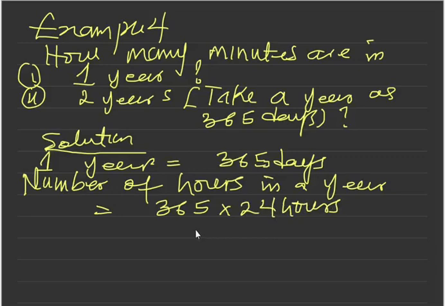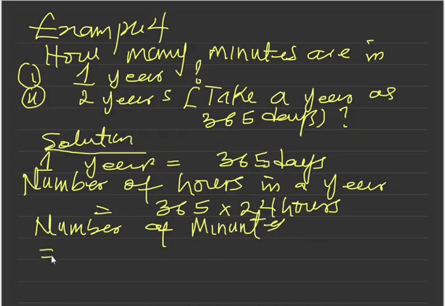So now the number of minutes will be 365 days, because we have 24 hours and 1 hour is 60 minutes.